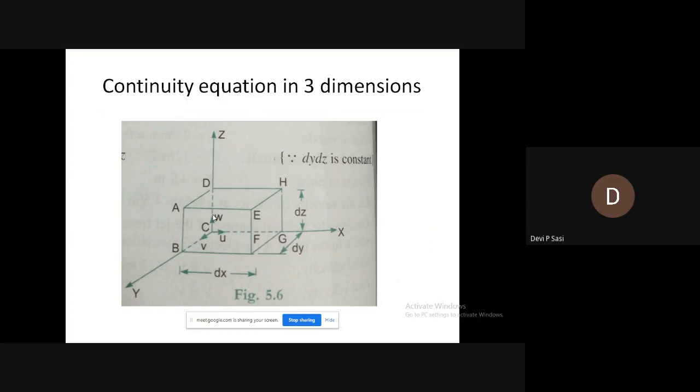Now we have to find the mass of the fluid entering the phase ABCD per second.